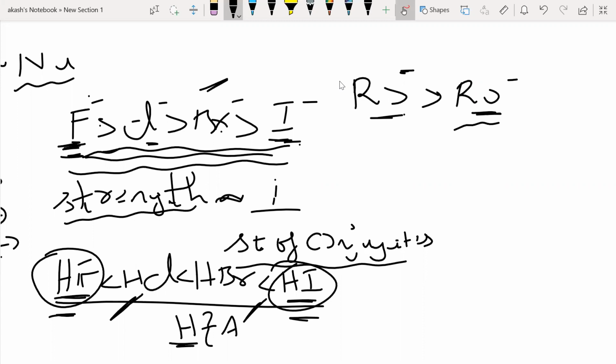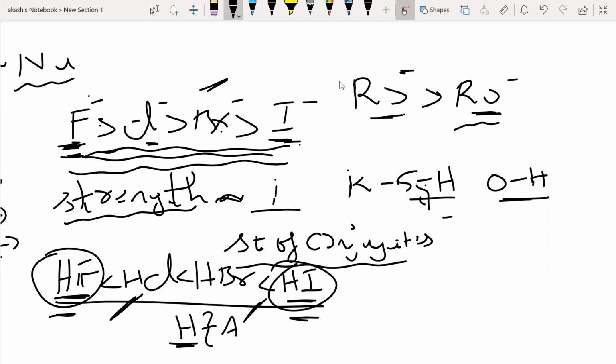I have ROH, RSH, right? So definitely RSH is a better acid. I have the SH bond, I have an OH bond, and the SH bond is easier to break.